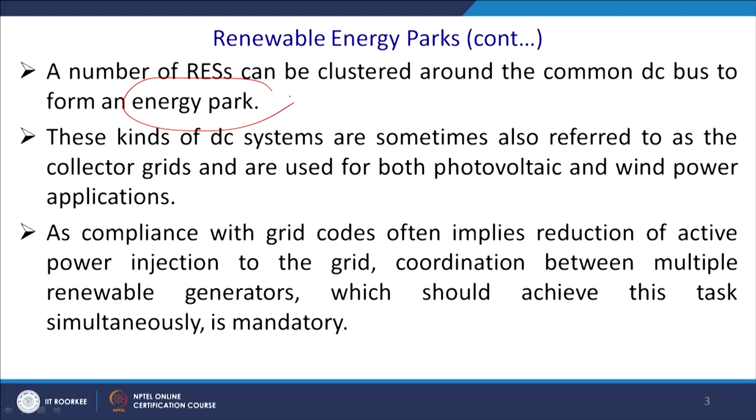And this kind of DC system is sometimes referred to as a collector grid and is used for both photovoltaic and wind power applications. As compliance with grid codes often implies reduction of the active power injection to the grid, coordination between the multiple generation units should be achieved sustainably and mandatorily. So, that is one of the constraints that we will put on the renewable energy parks.